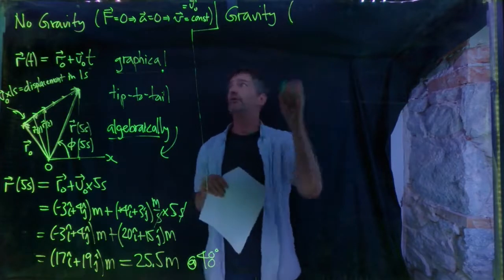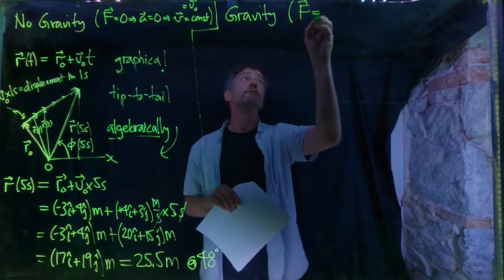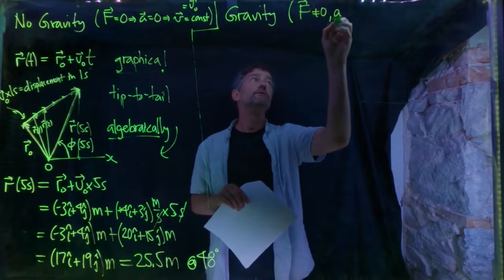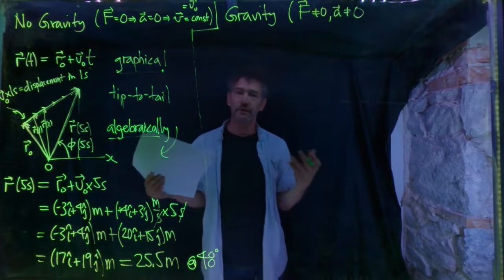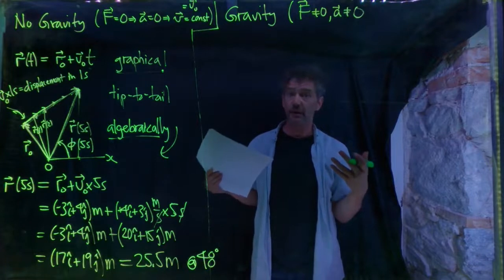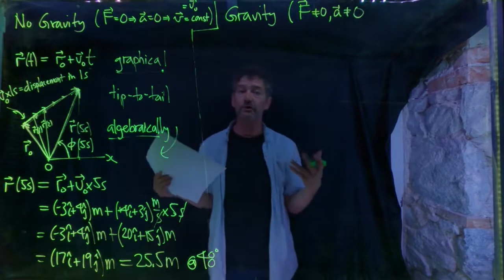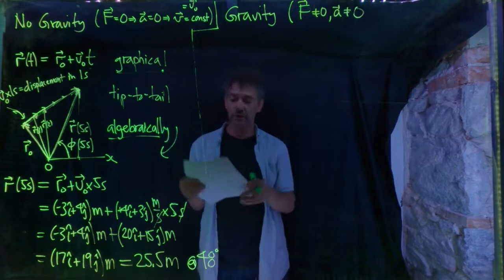So as soon as we turn on gravity, well, now there's a force. The force is now different from zero, and so that means there's going to be an acceleration, which is different from zero. As soon as there's an acceleration, it means that the velocity is changing, because the acceleration is the time derivative of the velocity. It's the rate of change of the velocity. If there's a non-zero acceleration, it means that the velocity is changing with time.